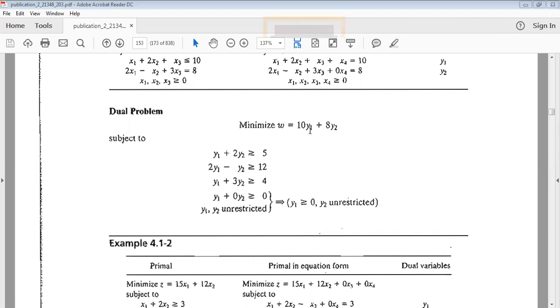Maximize w is equal to minus 10y1 minus 8y2, subject to minus y1 minus 2y2 less than 5, less than 12, less than 4, and like this, minus 2y1 plus y2. You substitute all those things, add s1, s2, s3, like that, and solve the particular problem by the simple simplex method.